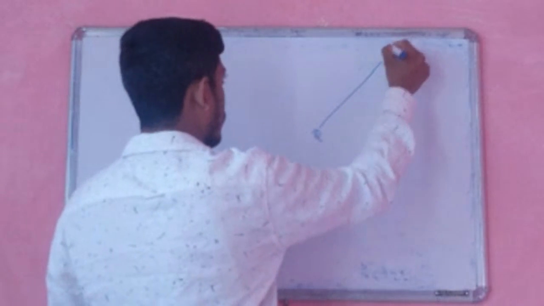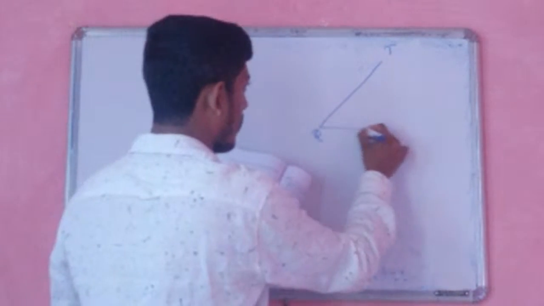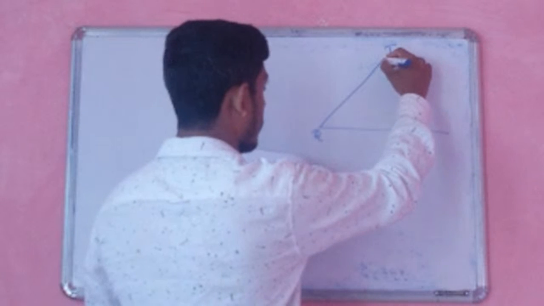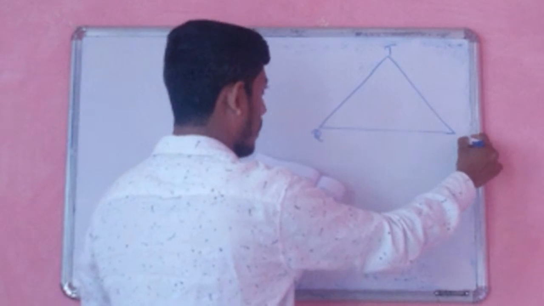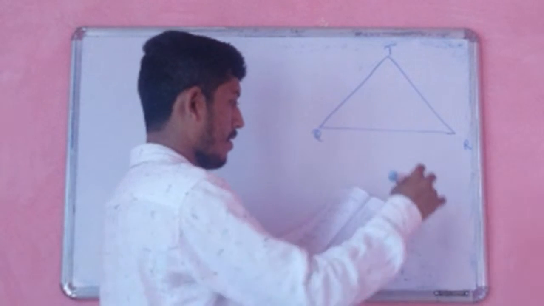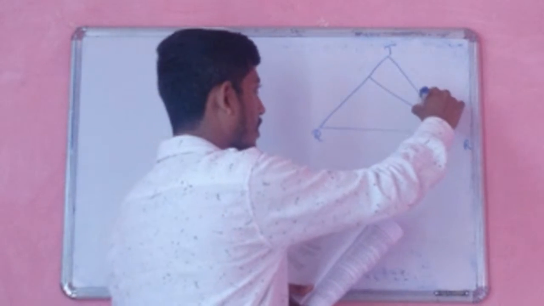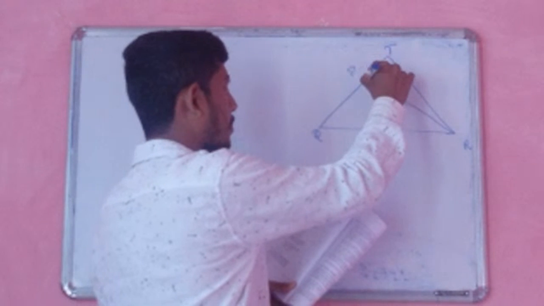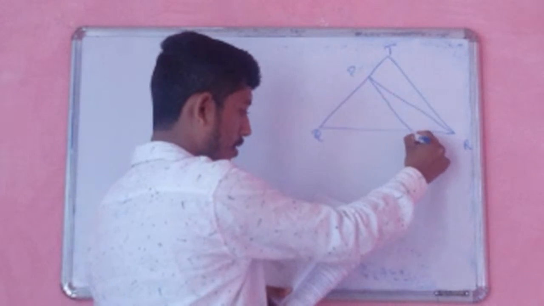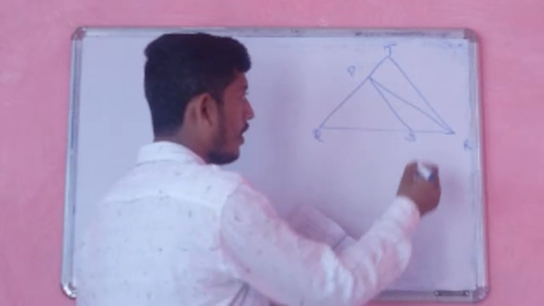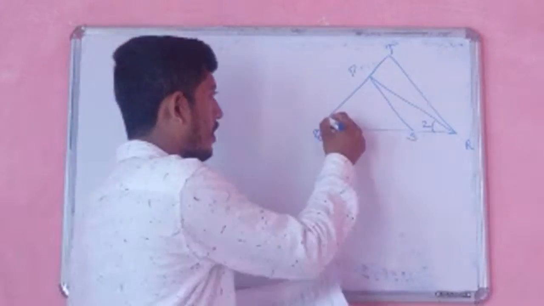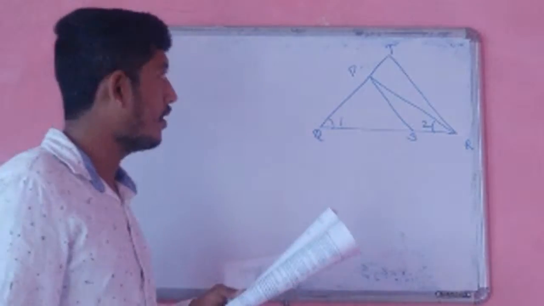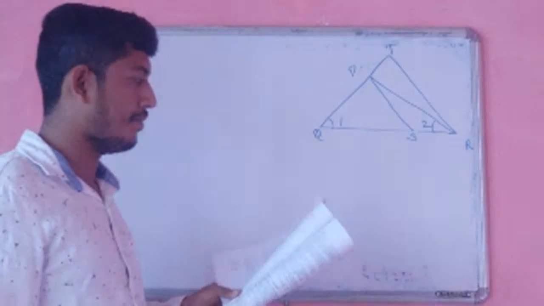Q, T, this is point R, point P, point S, and this angle is 2, this angle is 1. Okay, this is our figure.